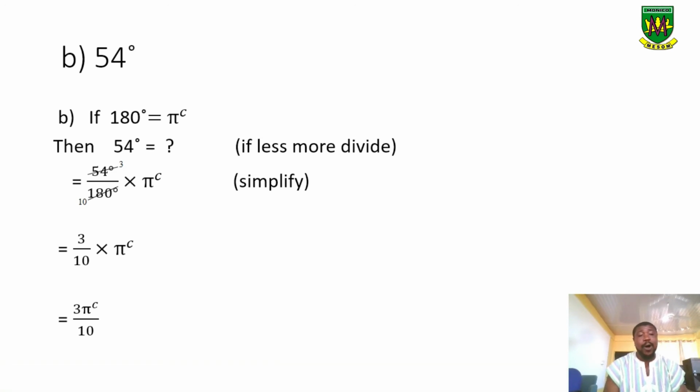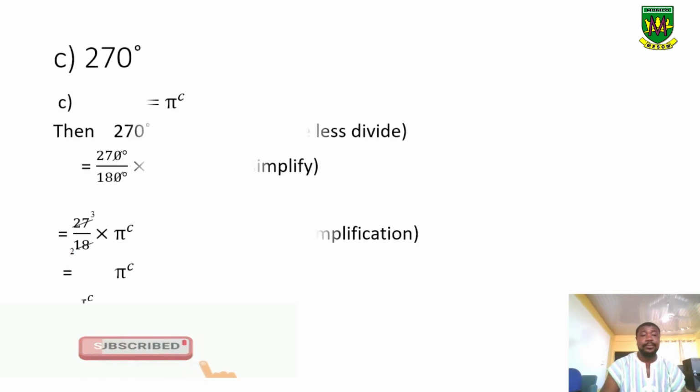Now, 54 will go into itself, 18 will go into 54, 3, and 18 will go into 180, 10, leaving us 3/10 times pi radians. And if we multiply 3/10 by pi radians, it will give us 3/10 pi radians.